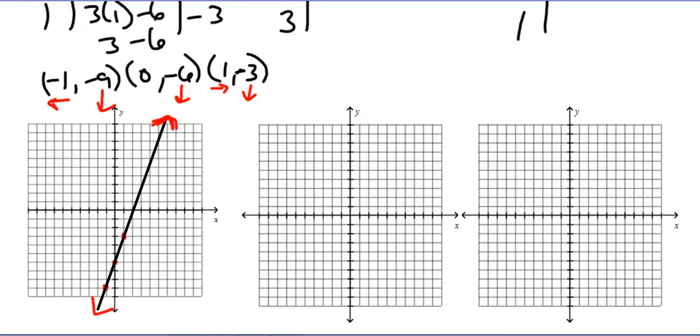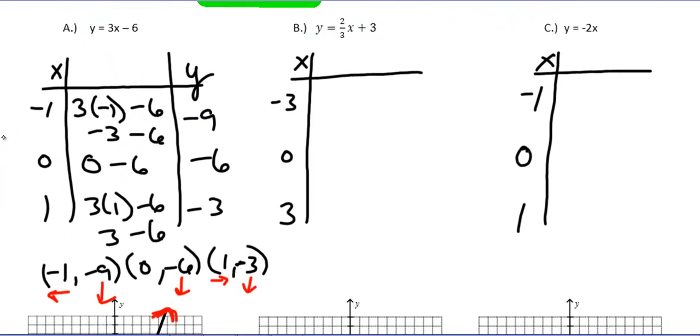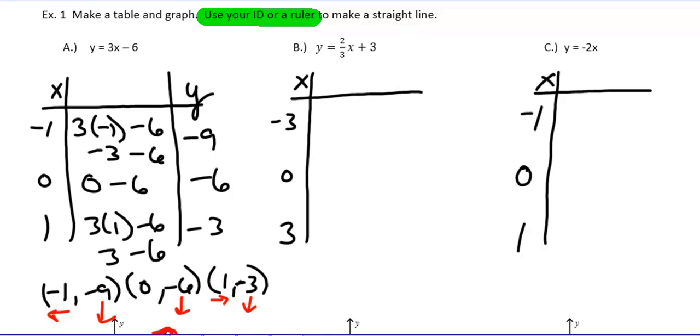Let's go back to our table now for B. Remember, I'm using -3, 0, 3 because 3 was the denominator in the fraction. That's why you see these 2 numbers here and here. I'm going to plug that in. So I have 2/3 times -3 plus 3. The 3 cancels.